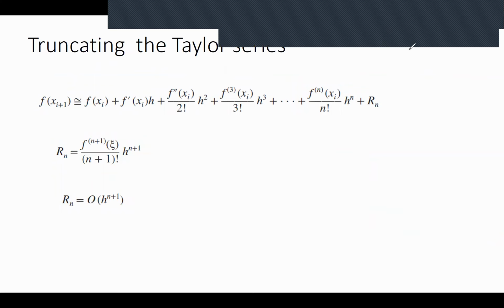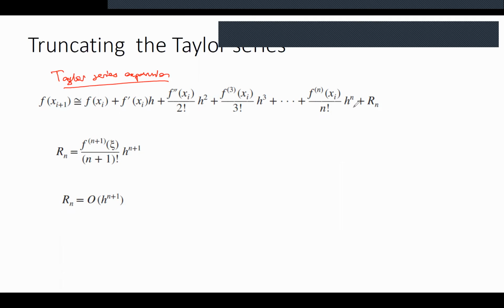So this is the Taylor series that we were talking about. For any n value, we can write this as the nth order derivative of f at xi divided by n factorial times h to the power n.